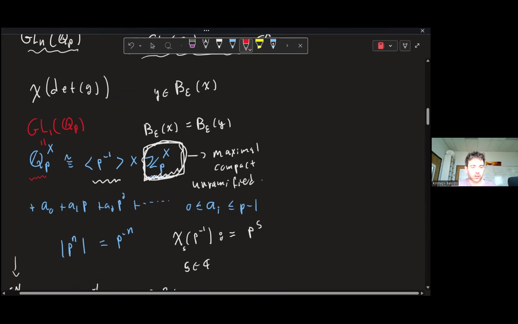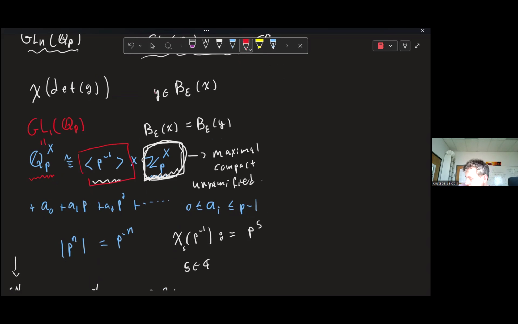The multiplicative group of p-adic numbers factors as the multiplicative group of the p-adic integers and p inverse.